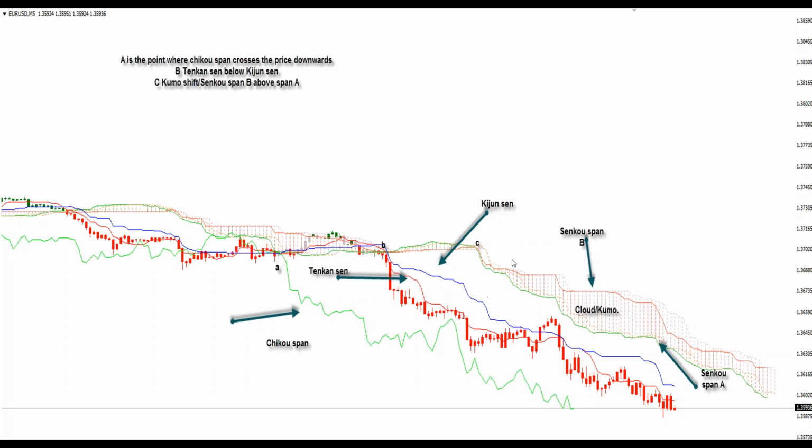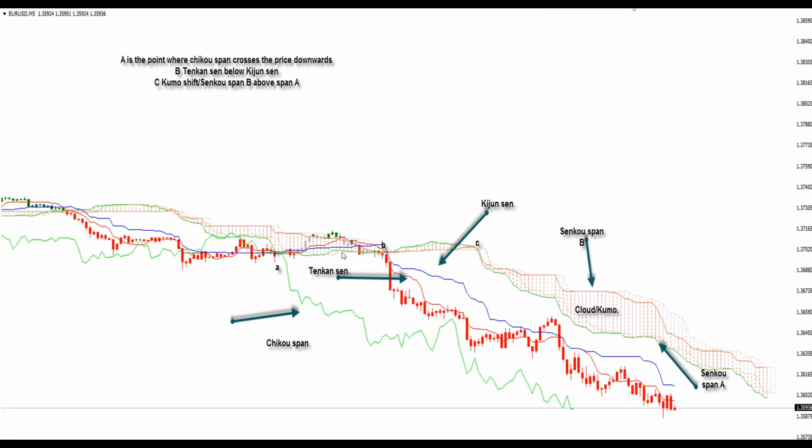These colors here will be different on my system, because I have come to the conclusion that the price really likes to respect these lines, and it tends to move in the trend direction once the cloud has been hit. How I will translate this, I will show you, but it is different than the traditional explanation.